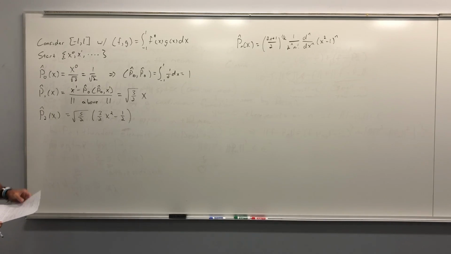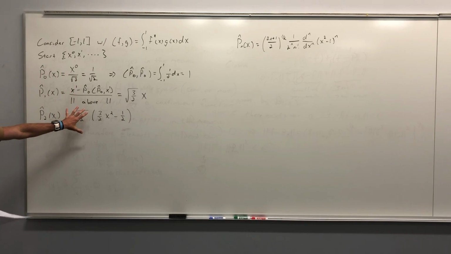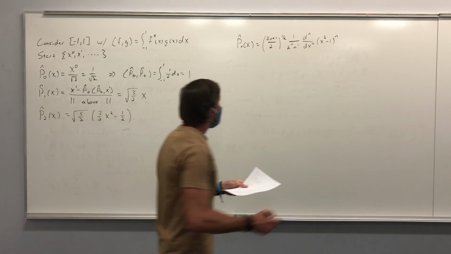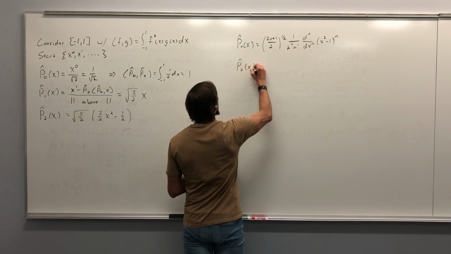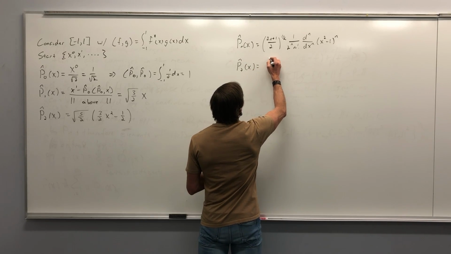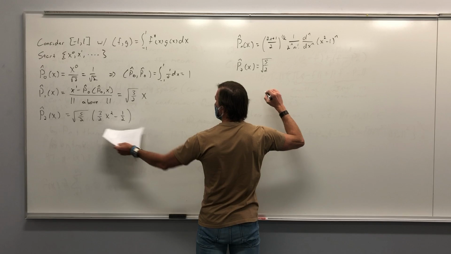Now let's just see very quickly one example of reproducing these. If I do p2 hat of x, then this is of course 5 halves. Well, it's already starting well.